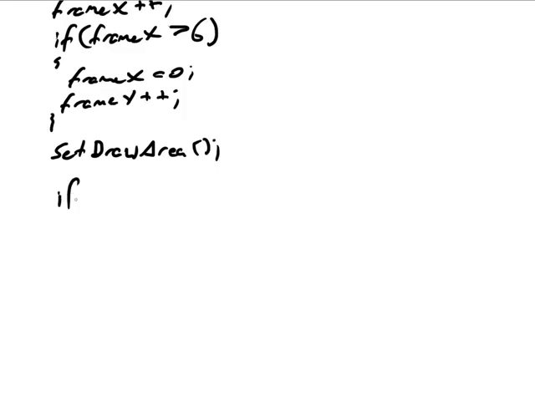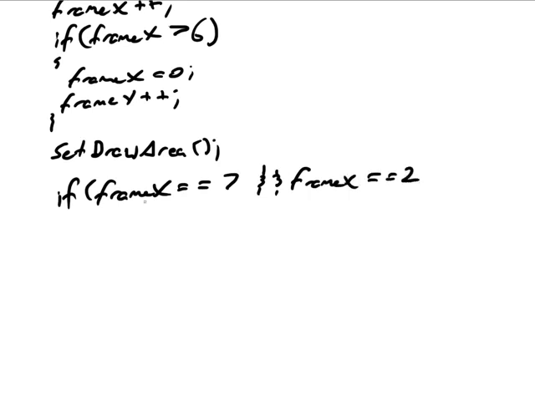We'll say if we've suddenly set ourselves to frameY equal to 7, and sorry, I can't write those little ampersands too well, so I do it like that, and our frameX equal to 2.